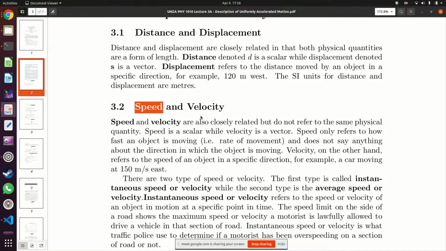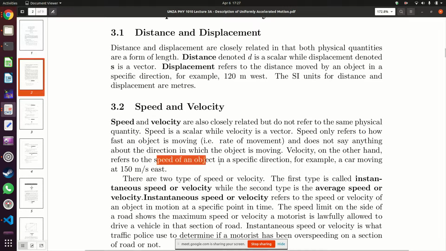Speed is a scalar. Velocity is a vector. Speed is a measure of how fast you're covering distance. Velocity is a measure of how fast you're covering displacement. Is that clear?